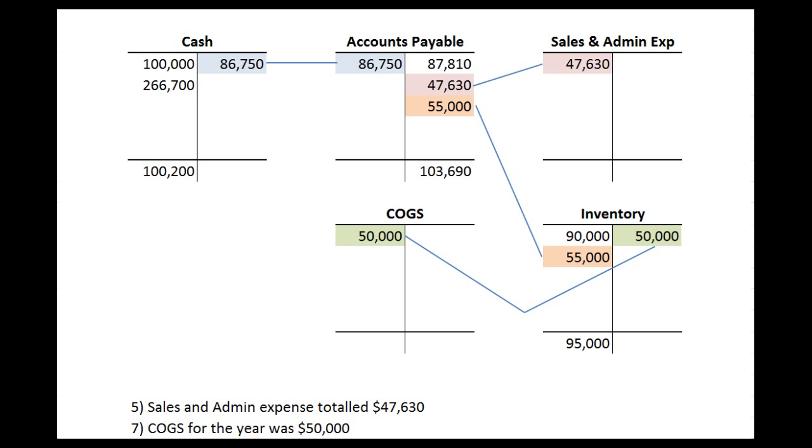Now, that's payables. We also get told cost of goods sold. If you go to item 7, cost of goods sold was $50,000. Now, is cost of goods sold going to be credited to accounts payable? So we debit cost of goods sold.